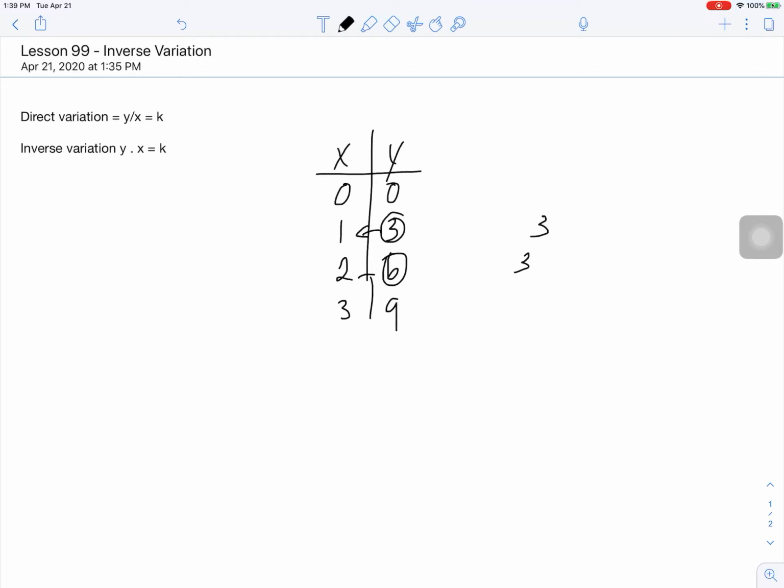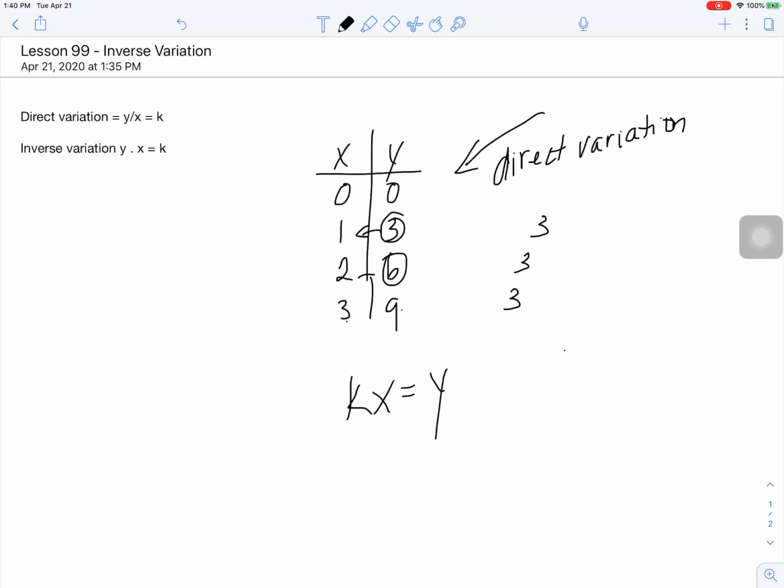If I go 6 divided by 2, I get 3. If I get 9 divided by 3, I get 3. So this is an example of direct variation.